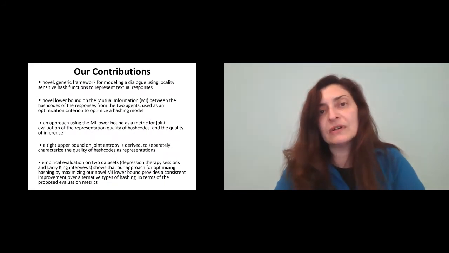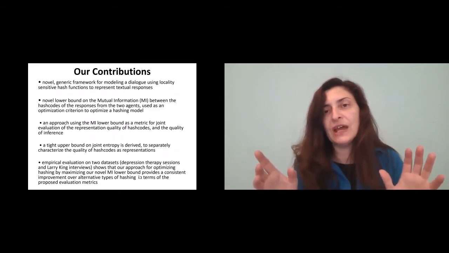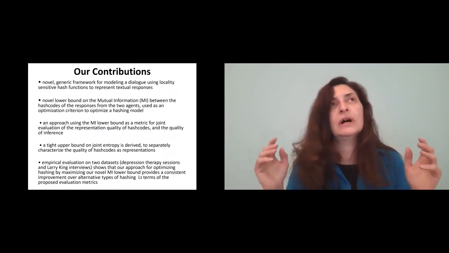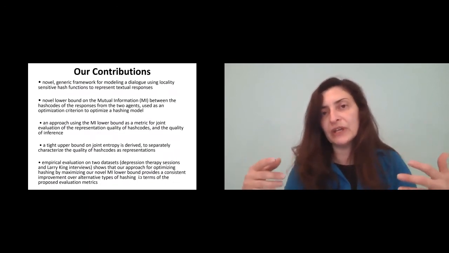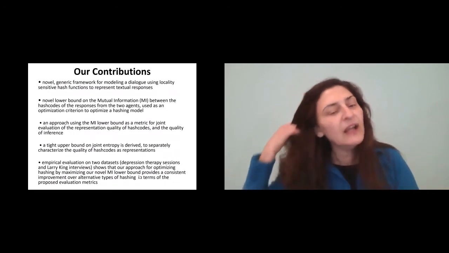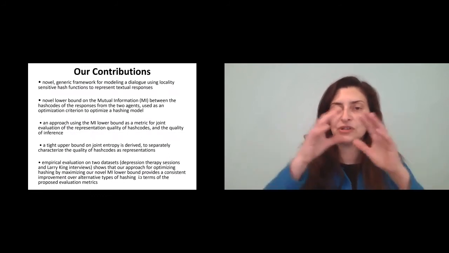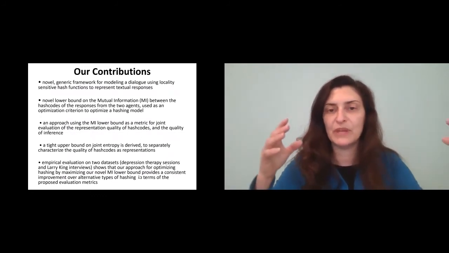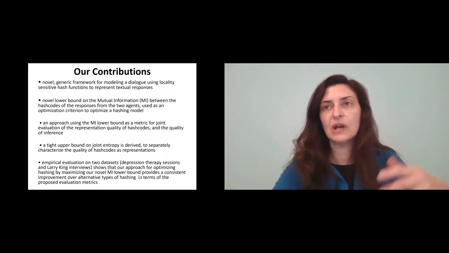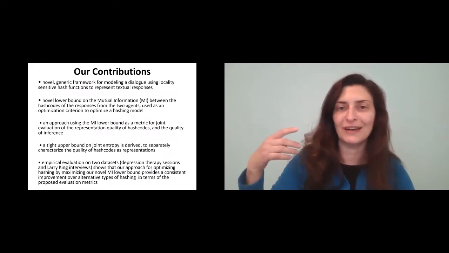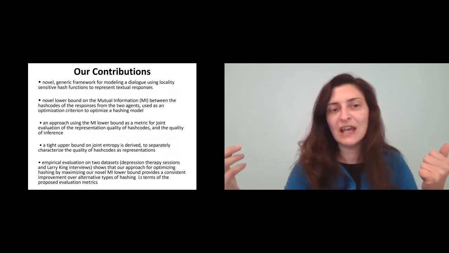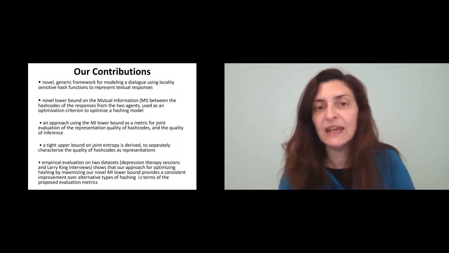We used heavily the notion of mutual information as a measure of alliance and the guide to learning, to building those representations. And because of that, not only did we try to achieve better alliance between, say, patient and therapist or the host of the show and the guest, but we were also making the responses more predictable and easier for us to generate.